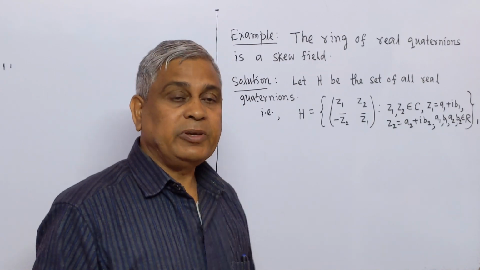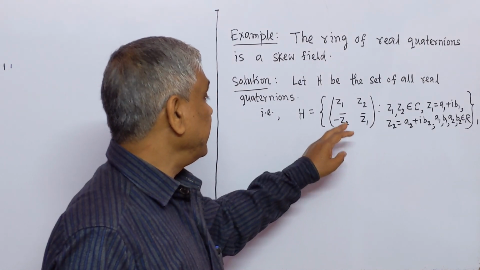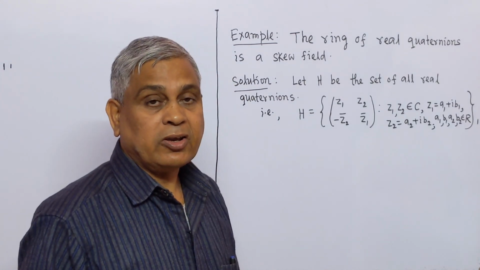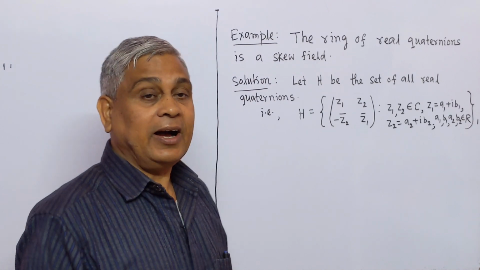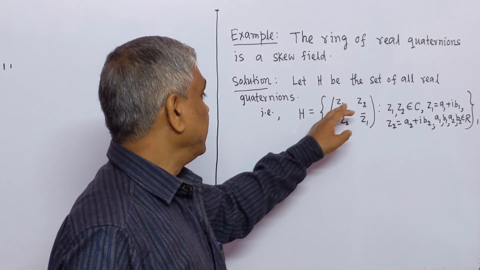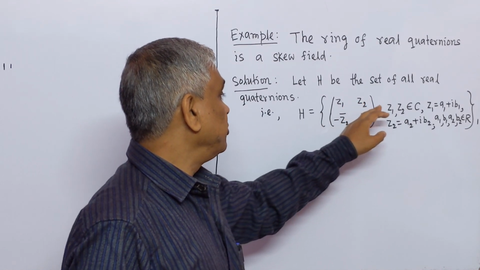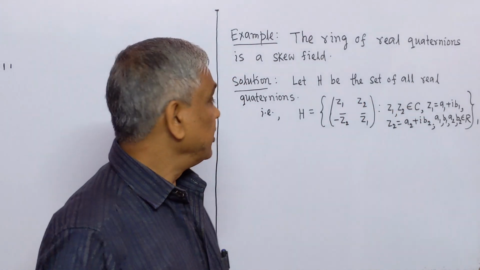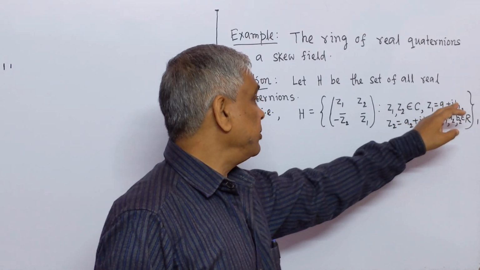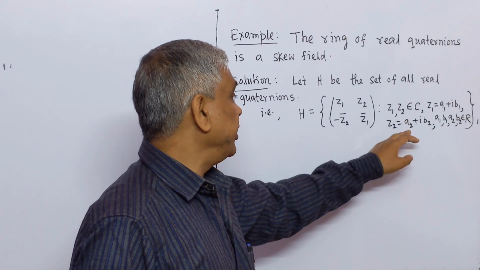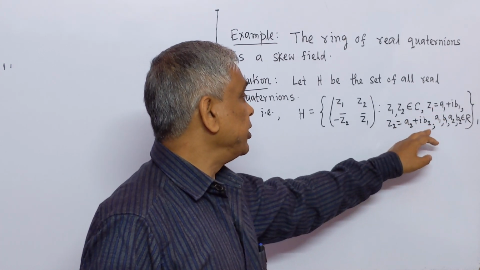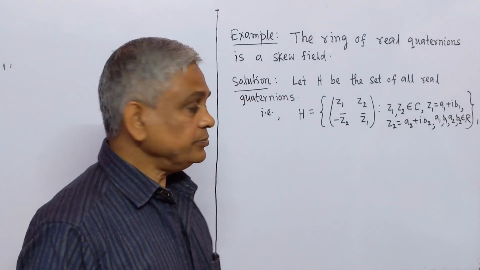That is, H is a set containing a collection of 2 by 2 matrices whose entries are of the form Z1, Z2 in the first row, and minus Z2 bar, Z1 bar in the second row, where Z1 and Z2 are complex numbers, Z1 = A1 + iB1, Z2 = A2 + iB2, and A1, B1, A2, B2 are all real numbers.